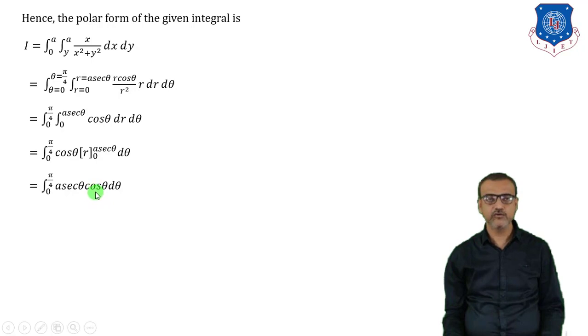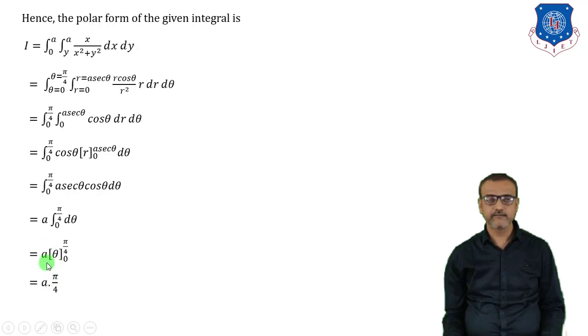Now as you know, cos theta and sec theta are inverse of each other, so its product is 1. So this is equal to a integration from 0 to pi by 4 d theta. Now integration of 1 with respect to theta is theta, and the limit is 0 to pi by 4, and this a will be as it is.